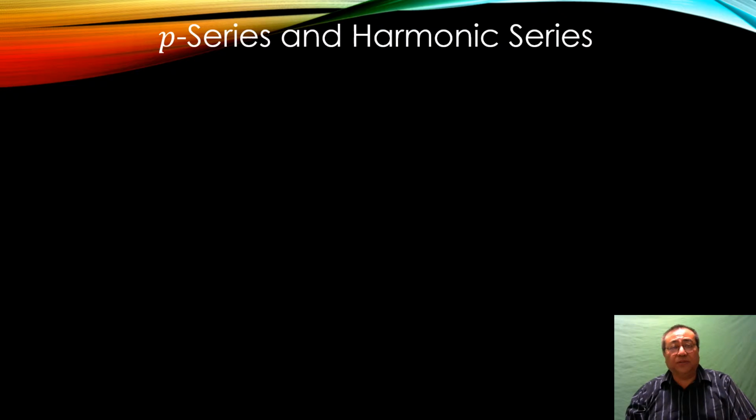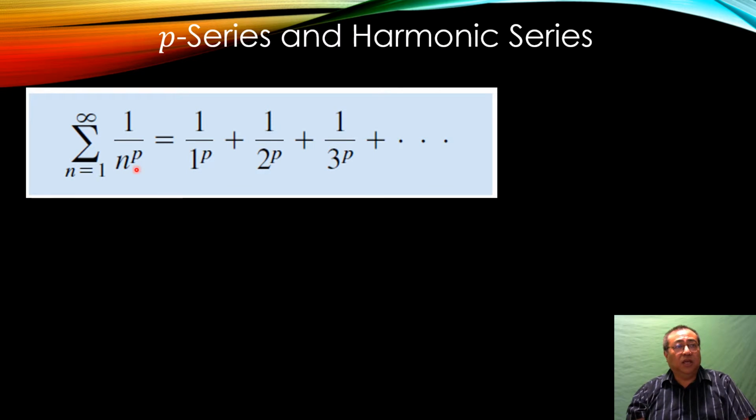Let's look at P series now. P series looks like this. The n, the variable, is the base, and the exponent is constant. So the base varies, but the exponent is constant. That's the P series.